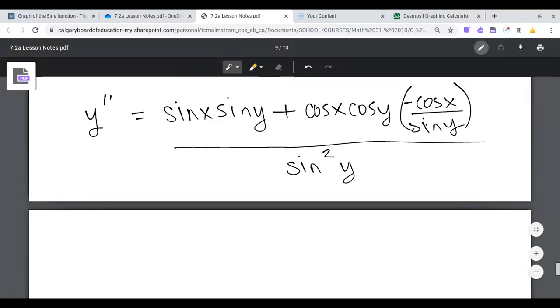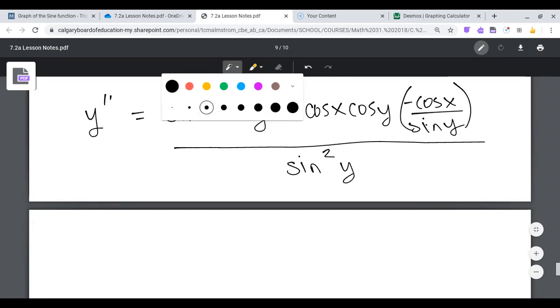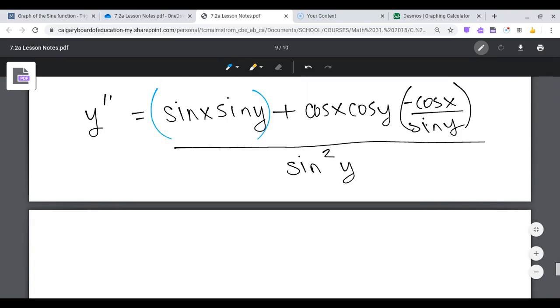Okay, so the first thing I'm going to see is that I actually have a fraction in that second term. So I'm going to make the first term have the same denominator so I could try and tidy this up. So sine y on sine y to give them a common denominator.